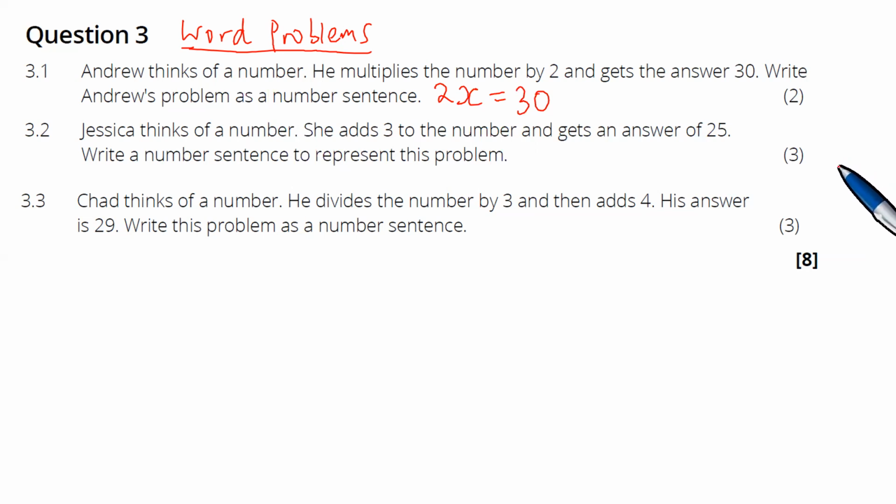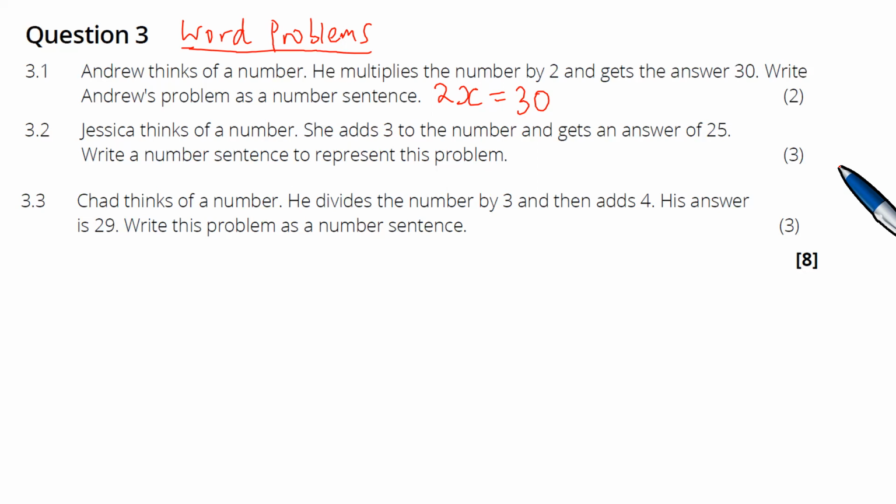Please read question 2 aloud a little bit so that I can hear you. Jessica thinks of a number. She adds 3 to the number and gets the answer 25. Write a number sentence to represent this problem. Chad thinks of a number.